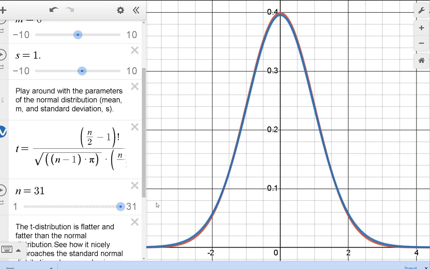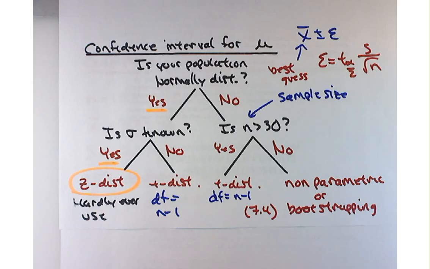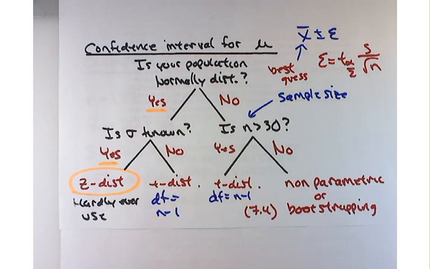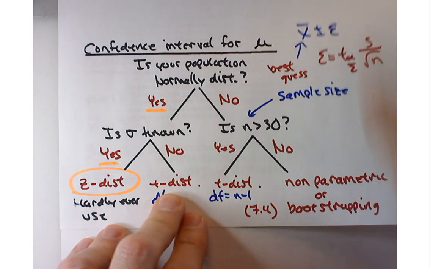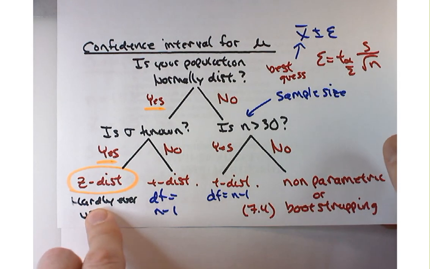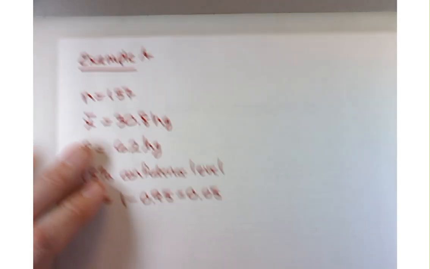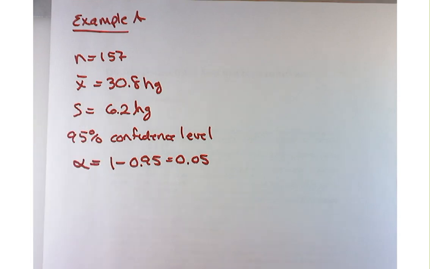Now, it used to be that our tables would cut off at 30 degrees of freedom. So that's part of the reason for this. Nowadays, our technology is great. We can do t-distributions for any degrees of freedom. There's really not much need in this case to use a z-distribution. All right, let's go on and finish this one up. We want a 95% confidence interval.